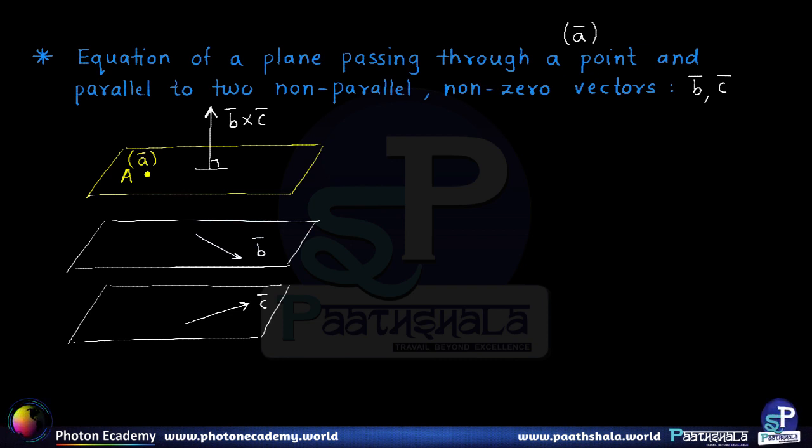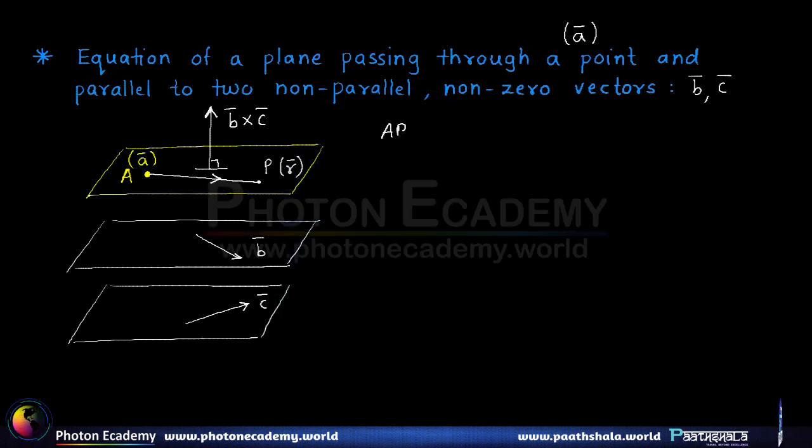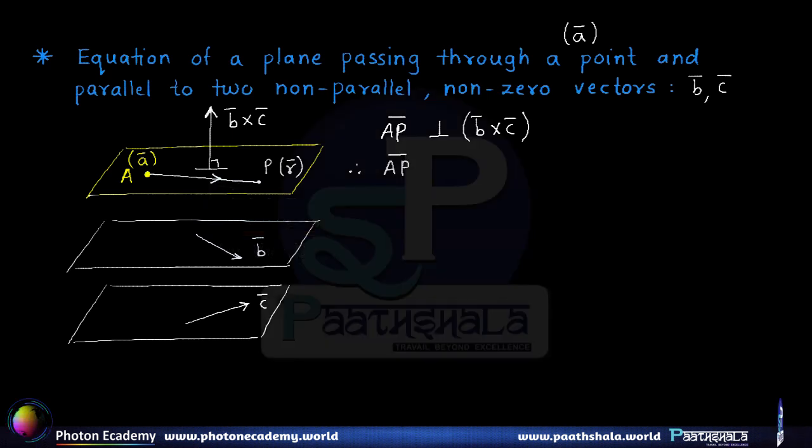Now we consider a generic point P as usual with position vector r bar. Then we join the given point A with P so that we get the vector AP bar, and since AP bar is clearly perpendicular to the vector b bar cross c bar, we write their dot product, AP bar dot b cross c, must be equal to 0, isn't it?